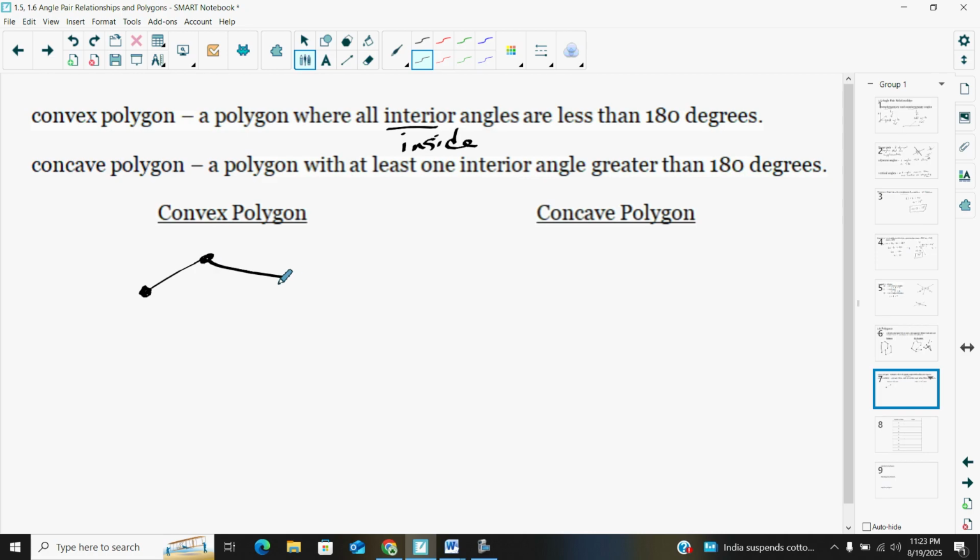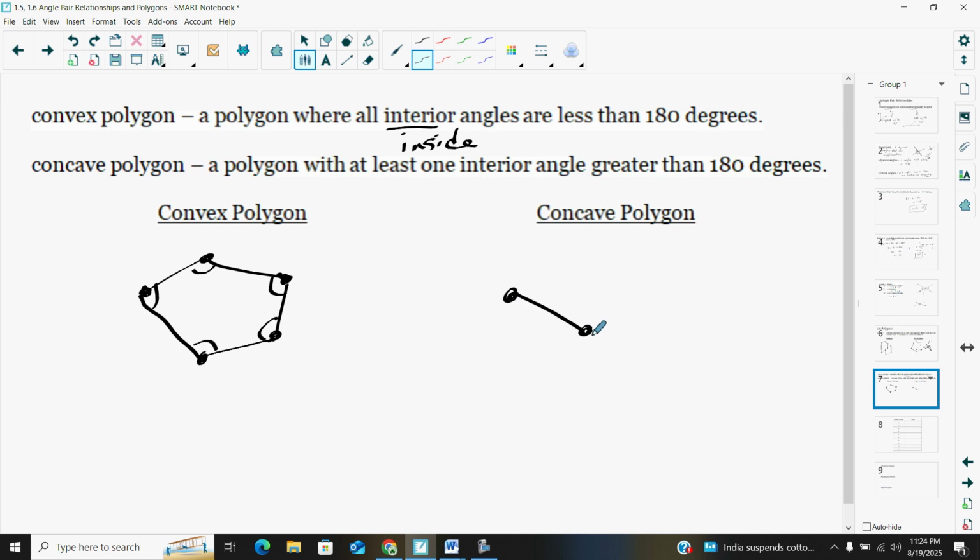Something like this. All of my inside angles, none of them are more than 180, more than a straight line. They can be obtuse. That one's obtuse here. That's more than 90. But they can't be more than 180.